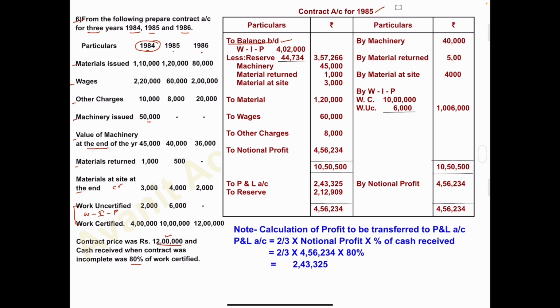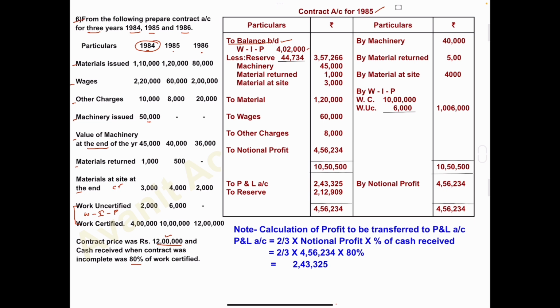Just see, the work in progress total amount is how much? The total of work certified and work uncertified, 4 lakh 2,000. We will take that here, work in progress 4 lakh 2,000. Understood from where I have got this? From last year's contract account, 1984. The total of work certified and work uncertified amount is 4 lakh 2,000.